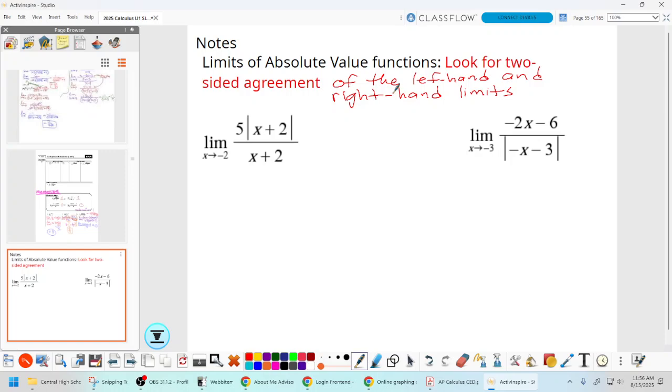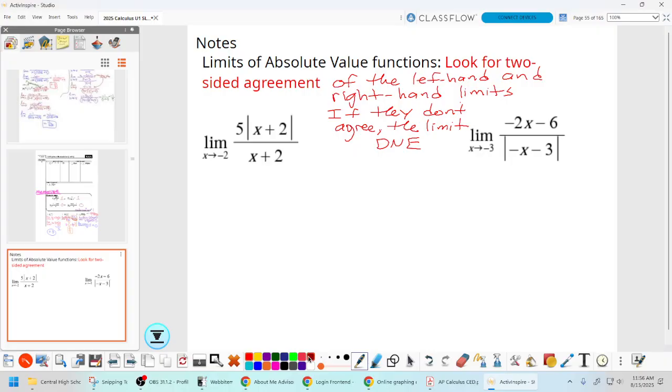No. That was our definition, one of our conditions. If the left and right hand limits don't match, then the limit doesn't exist. Okay? Let's just write that: if they don't agree, the limit does not exist. Okay.